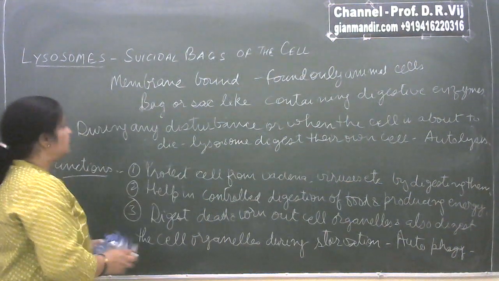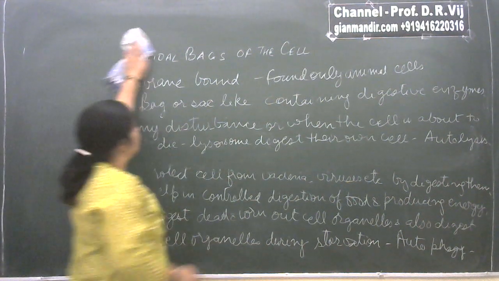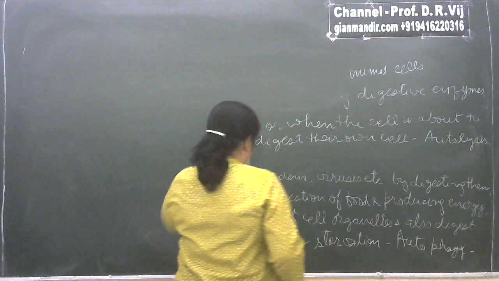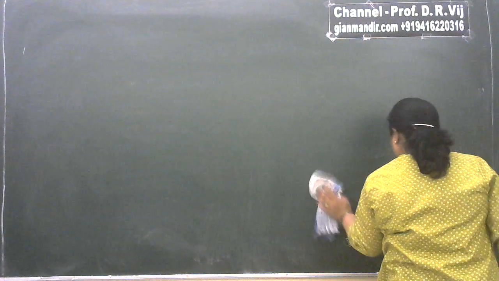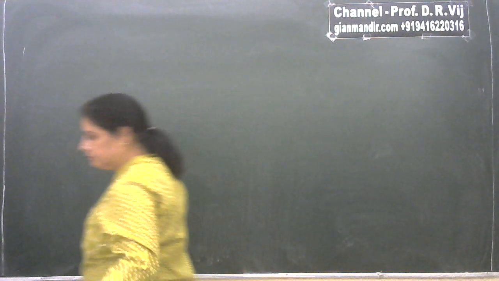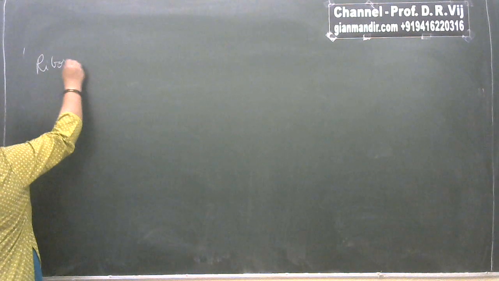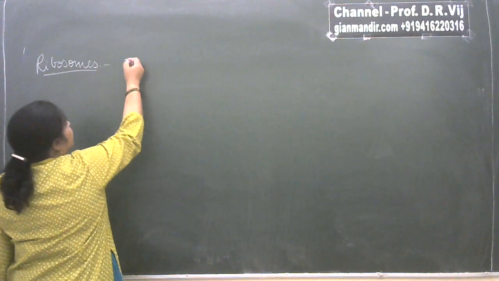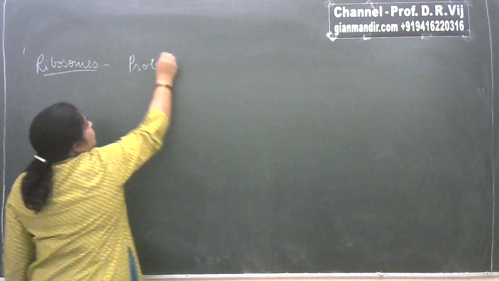Clear? So, another cell organelle after lysosome which you can observe in the cell is the ribosomes. So, what are ribosomes? Ribosomes are commonly known as protein factory of the cell.